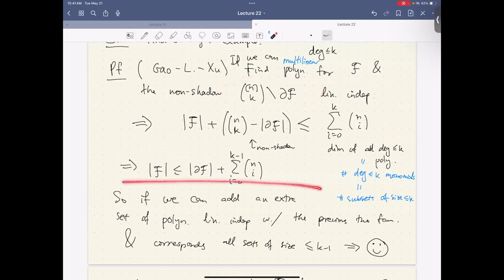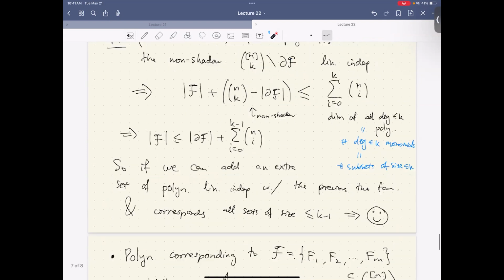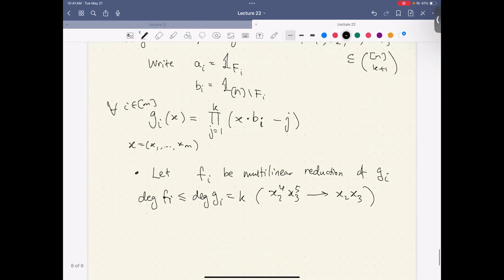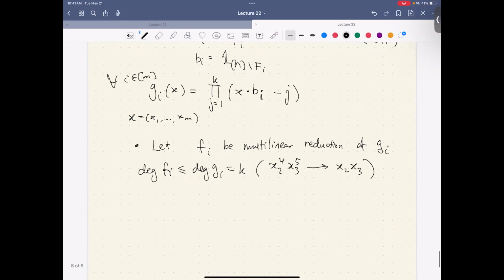Let's introduce these polynomials corresponding to sets of size at most k minus 1. Actually, let's introduce those first. Polynomials corresponding to non-shadow. What are the non-shadow?